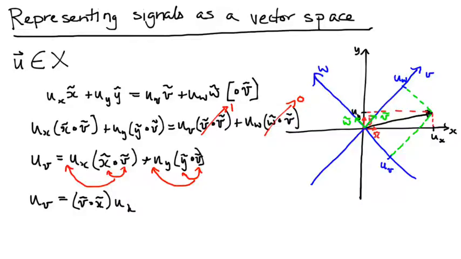Oh, that's not a vector. Plus, I'm sorry, v dot y times u sub y. The reason for doing this does not actually look important right now, but it's extremely important and will be useful to understand later. Just keep it in your memory for operations that we'll be doing later.